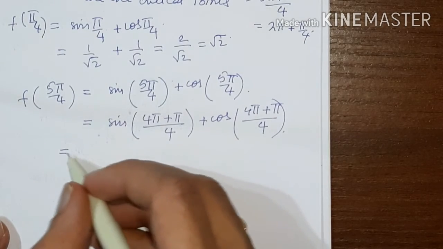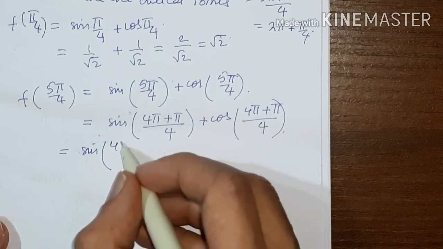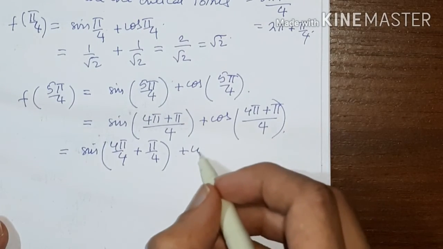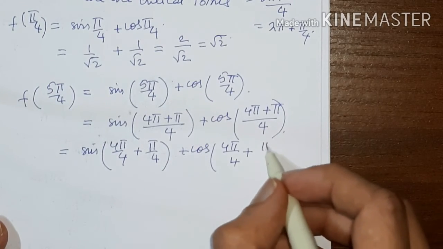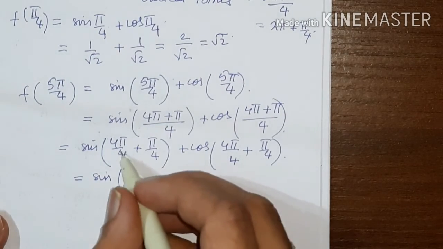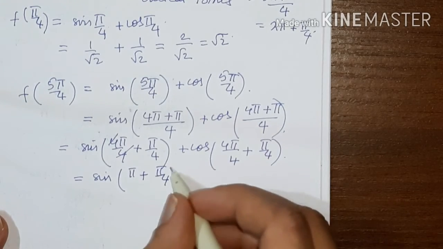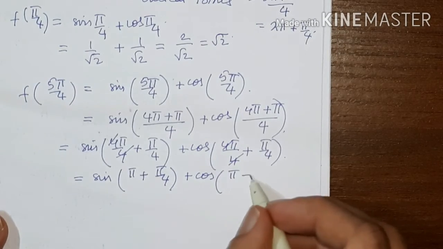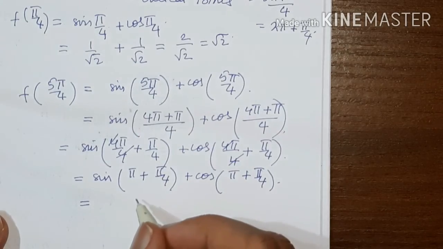That is sine of 4 pi divided by 4 plus pi by 4, plus cos 4 pi divided by 4 plus pi by 4. The 4 and 4 get cancelled, so you will get sine of pi plus pi by 4, plus cos of pi plus pi by 4.